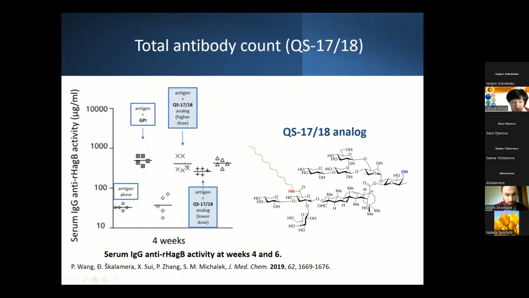As you can see, this activity is quite comparable to the activity of GPI. That way we proved that our compound is probably the compound responsible for the activity of GPI. And another thing is that our compound can be a structurally defined alternative to GPI.